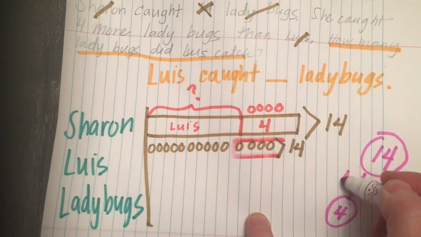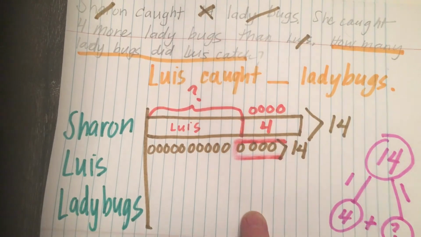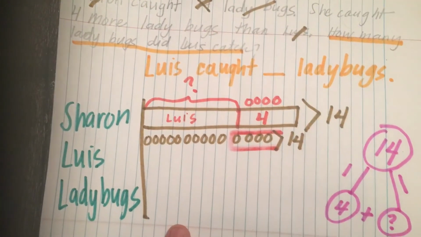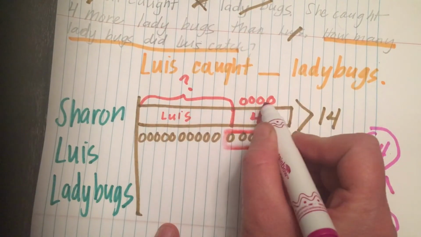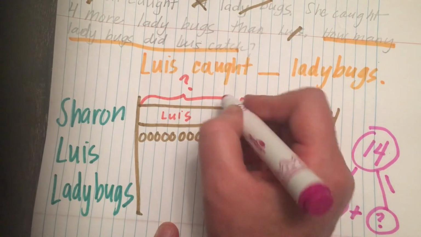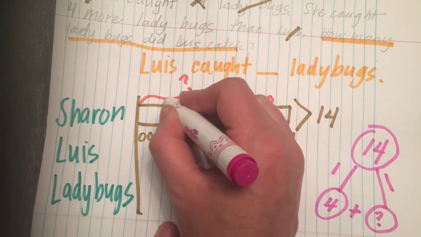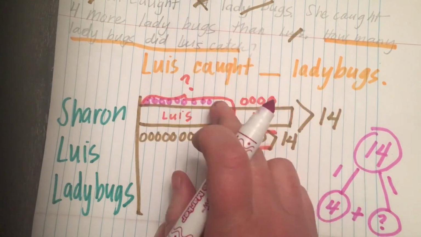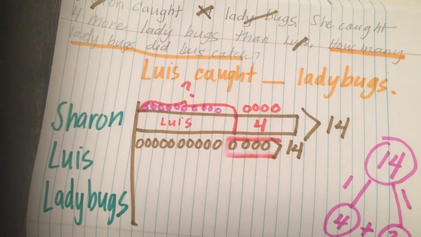Now what we can create here is our fact families, which in the long run are going to help us solve the problem. You also can look here and say, if I have 4 here, I know this total bar is going to be 14, so I can count 4, 5, 6, 7, 8, 9, 10, 11, 12, 13, 14. I can count it up, 1, 2, 3, 4, 5, 6, 7, 8, 9, 10. That is one way to do it as well.